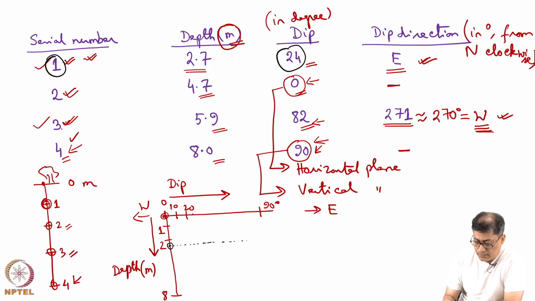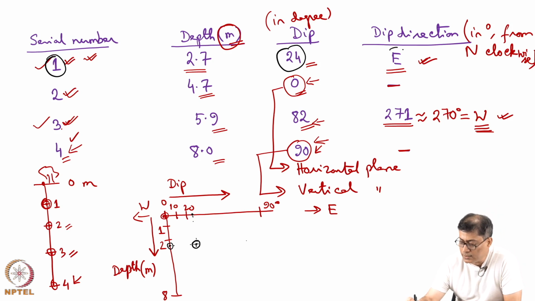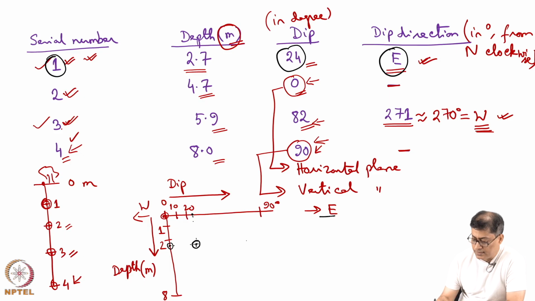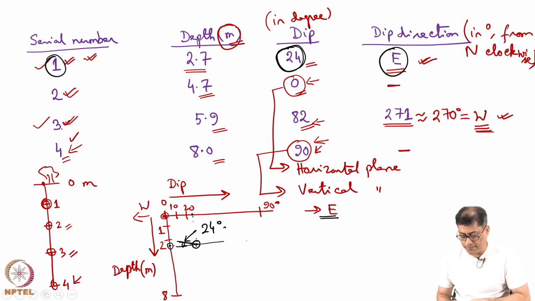The dip amount is 24. So, if it is 20, 24, I go down here and then mark this point. The dip direction is towards east, that also will be plotted. Since this is the geographic east direction, draw a faint horizontal line over here and I have to draw this 24-degree angle in this way, so that this angle is 24 degree.